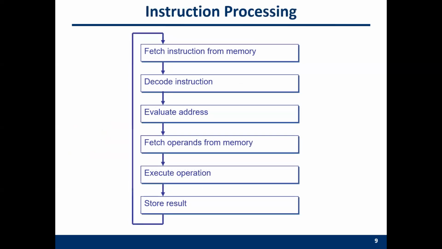So this is the summary of the instruction processing. Basically, there are 6 steps or stages.